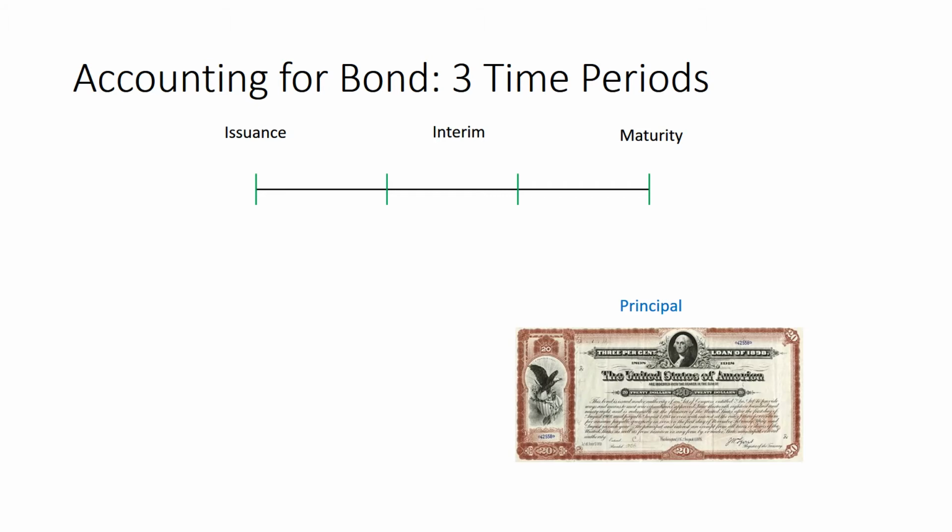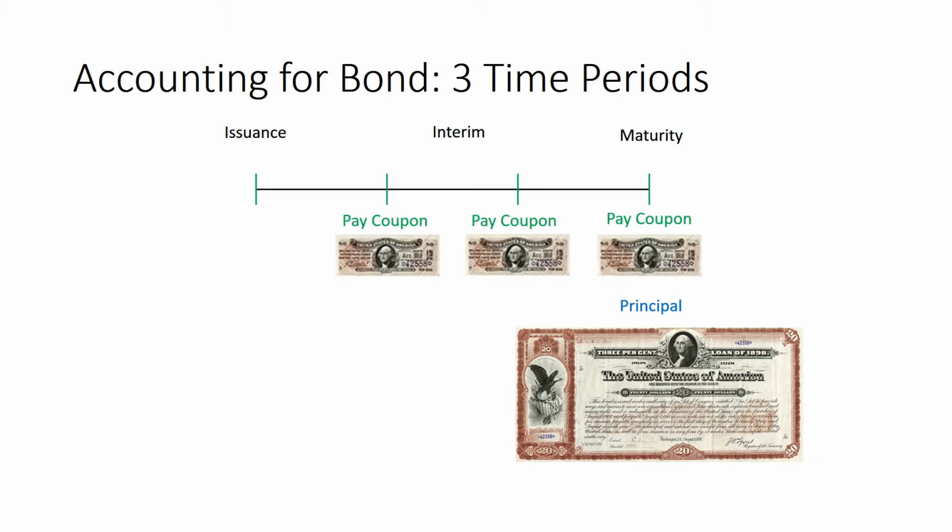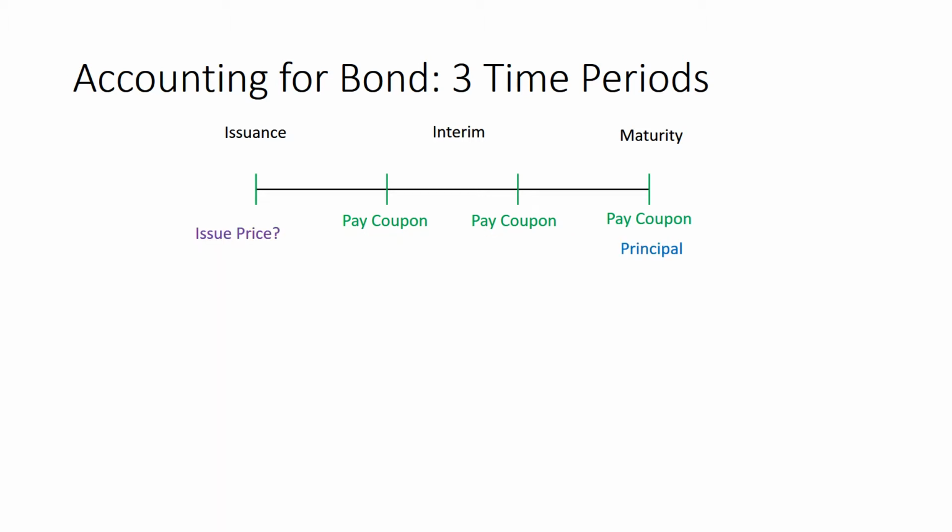So at the time of maturity, we have to pay back the principal. And in the interim and also at maturity, we also have to make these coupon payments as well. So the question becomes, how much are investors willing to invest in this bond in exchange for this stream of cash flow in the future?